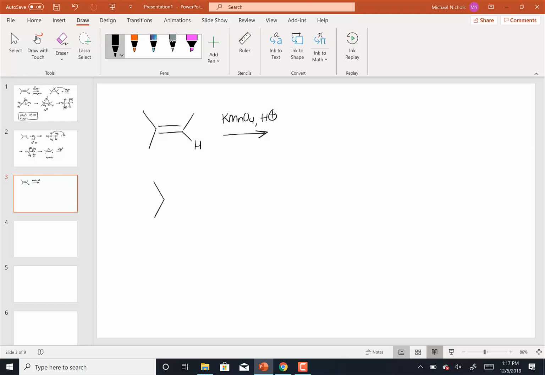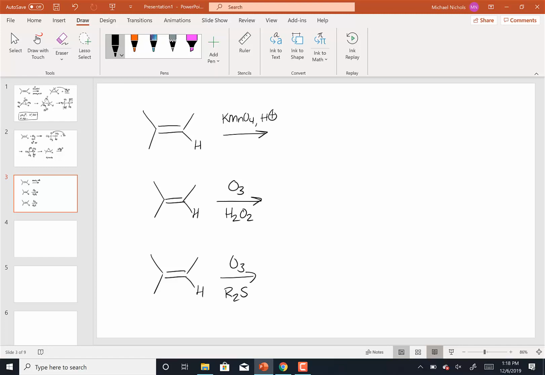So I could do this reaction with KMnO4 and acid. I could do this with ozone and hydrogen peroxide, or I could do this same reaction with ozone and R2S. So I have 3 different reagents that I can use to cleave the double bond.